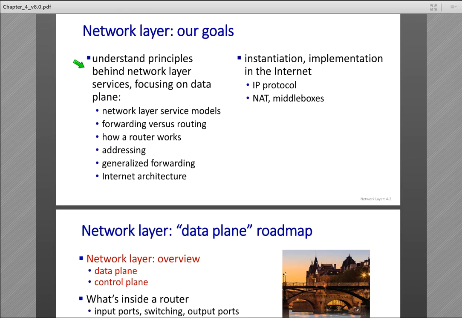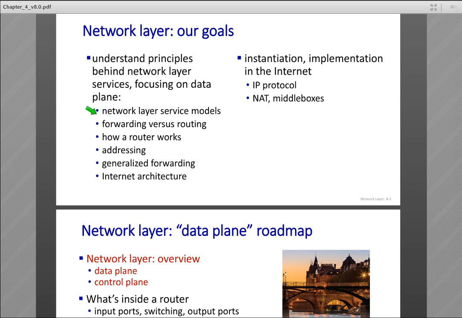Here in chapter 4, we try to understand key principles behind the network layer, its services, and some important protocols in the network layer. As we talked about in chapter 1, the network layer in computer networks is the 3rd layer.